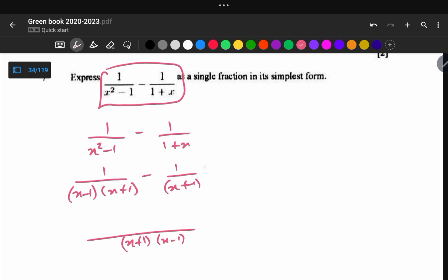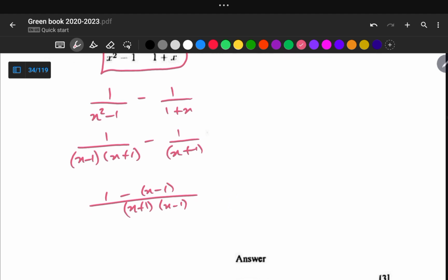If we divide this common denominator, x minus 1 multiplied by x plus 1, by the denominator of the first fraction, we get 1, and then multiply the numerator by that result, it is 1 minus. If we divide x plus 1 multiplied by x minus 1 by the denominator of the second fraction, we will get x minus 1, and then multiply x minus 1 by 1, and this gives us x minus 1.